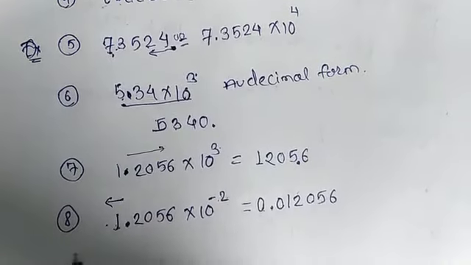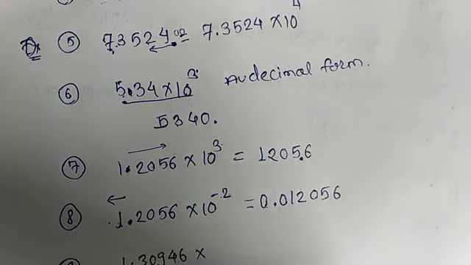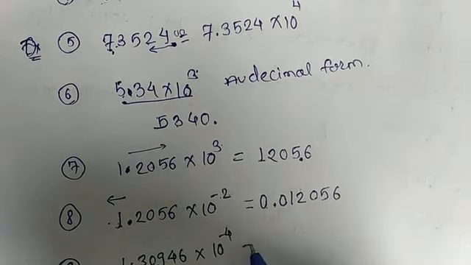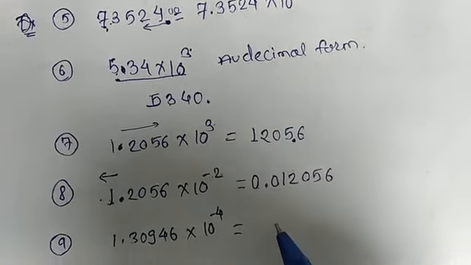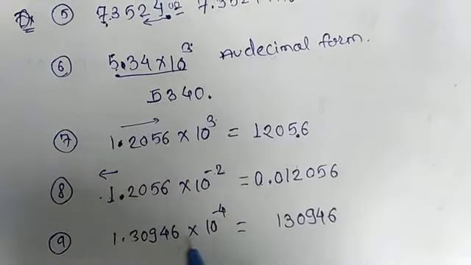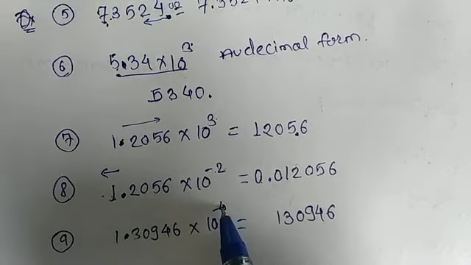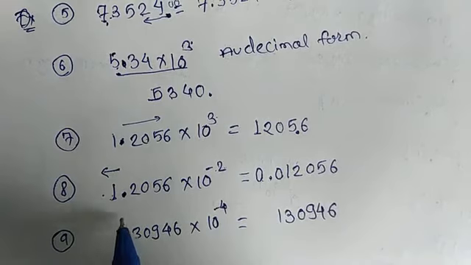If it is given 1.30946 multiplied by 10 raised to minus 4, we write the number as it is, 130946. After that we check where the point is. Here the point is after 1, and since it is 10 raised to minus 4, we have to shift toward the left.